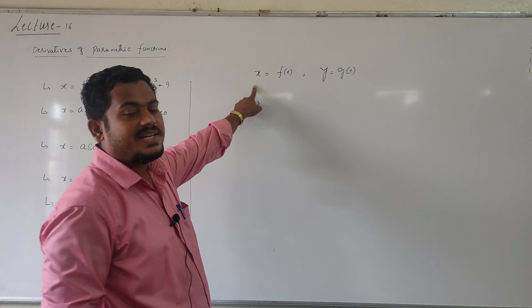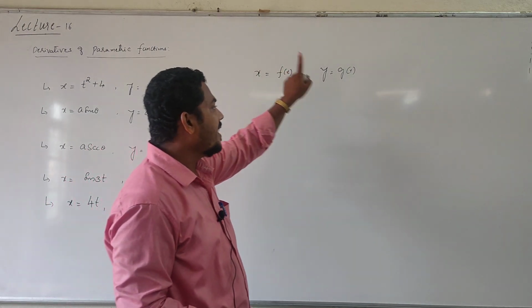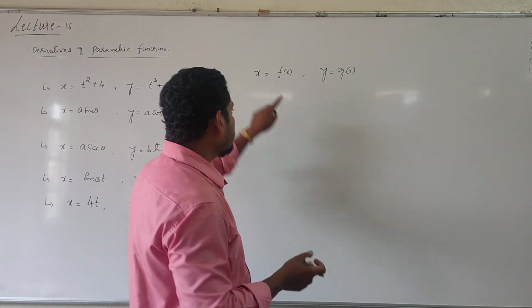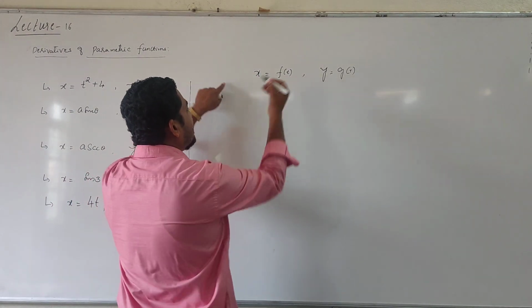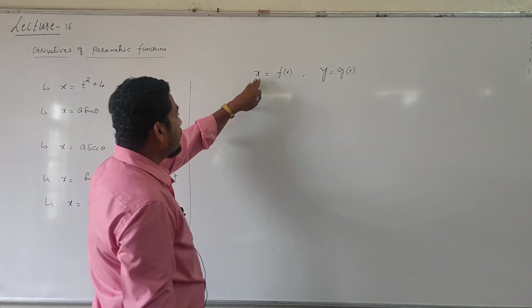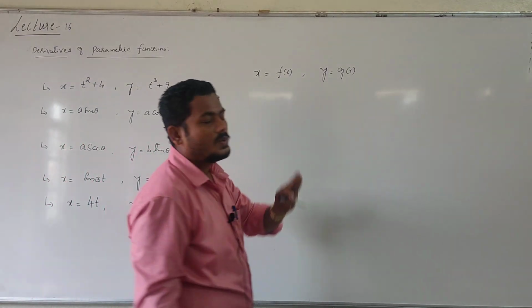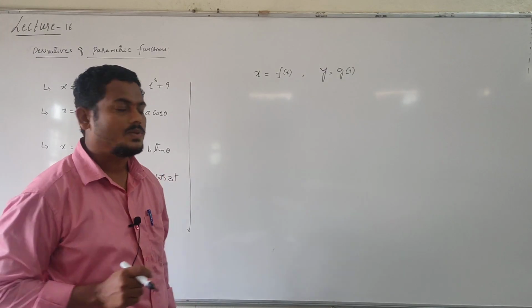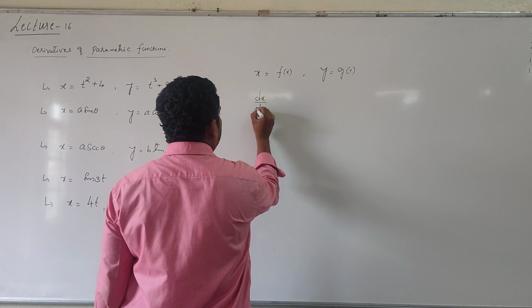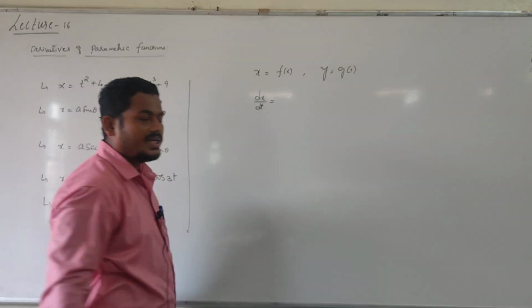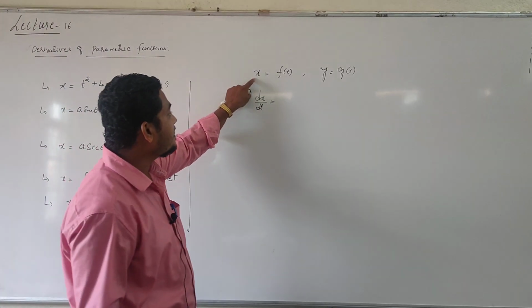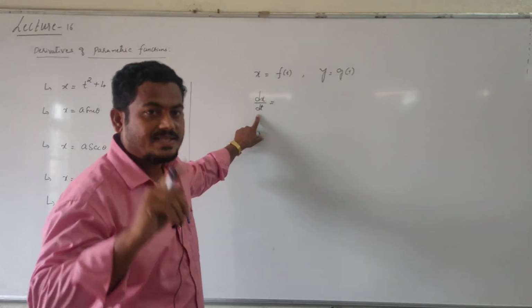Differentiate x with respect to t and y with respect to t. Derivative of x with respect to t. Differentiate x with respect to t as well as y with respect to t. Like x differentiation with respect to x is 1.